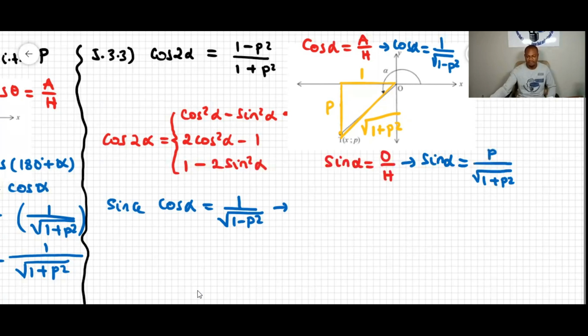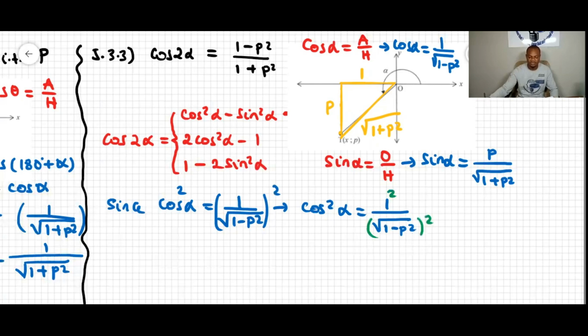Now, if cos alpha is given by 1 over square root of 1 plus p squared, cos squared alpha then will be this squared, okay, which means cos squared alpha will be 1 to the power of 2 over square root of 1 plus p squared, also to the power of 2, because that's the law of the exponent.